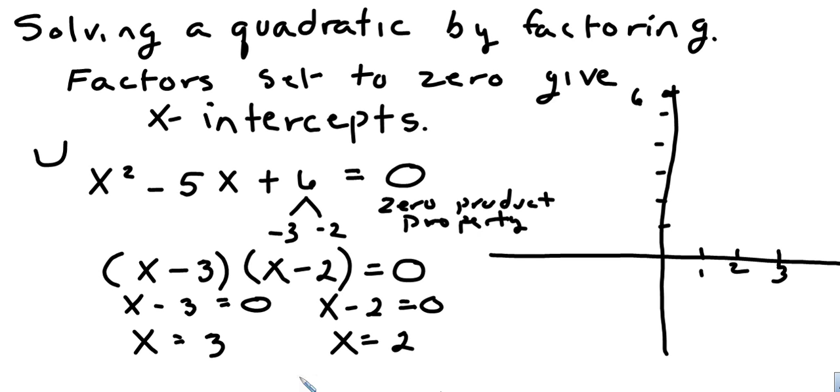But I also now know that it has x-intercepts at x equals 2 and at x equals 3. So a quick graph of this allows me to say that this looks sort of like that. I have two x-intercepts, two places it crosses the x-axis. At x equals 2, the point (2, 0), and x equals 3, the point (3, 0).